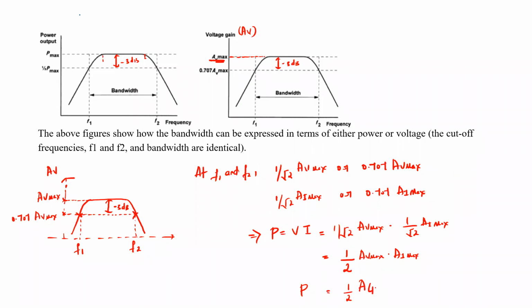So instead of writing this, we can rather write half times the power gain. So if you come down by 3 dB for power, it is half the power. For currents and voltages, it is 0.707 times the maximum.